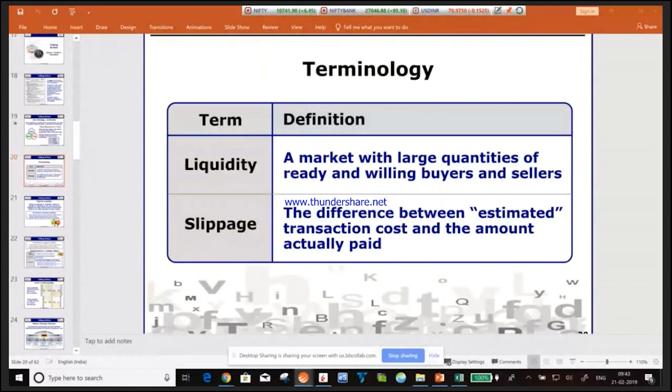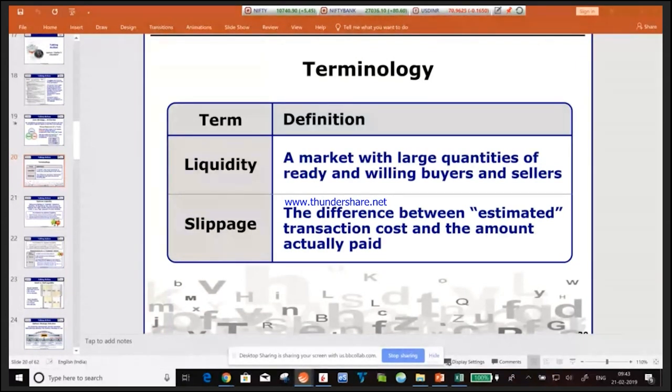Spread is when you put an order, you are bidding and somebody who wants to sell is going to offer. The difference between the bid and the ask, or the bid and the offer, is what is called a spread.